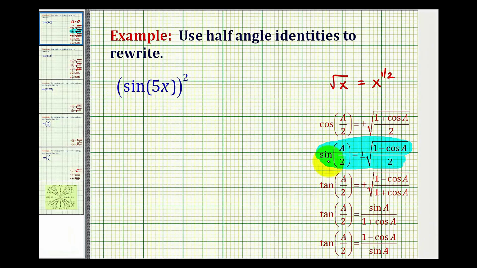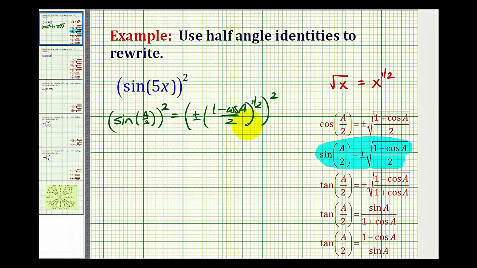So let's start by taking this half-angle identity and squaring both sides. And we'll also rewrite this square root using a rational exponent. So we'll have plus or minus, this will be 1 minus cosine A divided by 2 raised to the 1/2 power, squared.